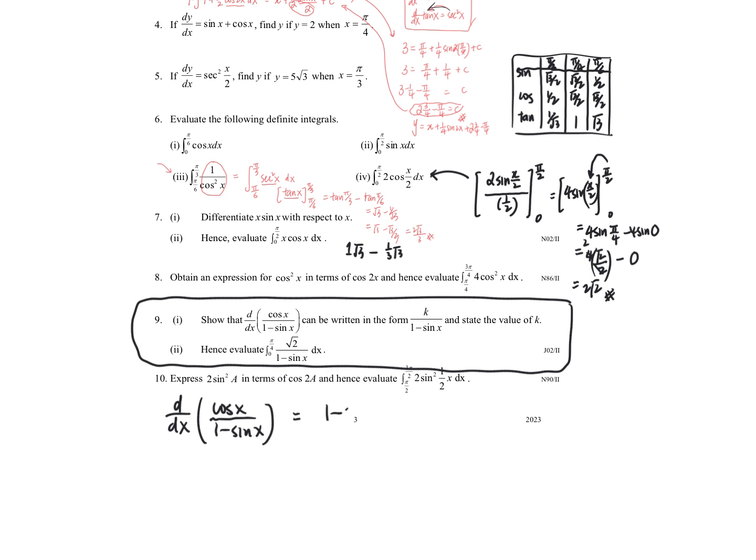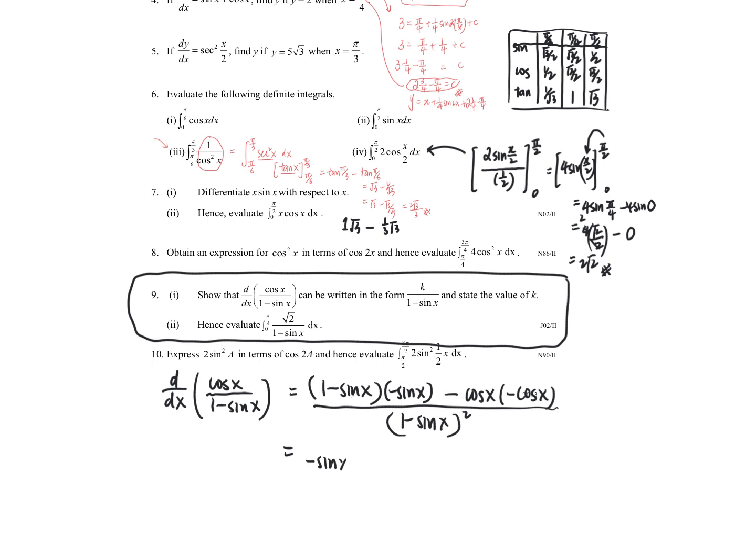So quotient rule: bottom, multiply by differentiation of cosine, minus cosine x, multiply by differentiation of this, over this thing squared. Okay, so if you calculate properly, where got K? Oh, they want you to get to that and tell them what's the K.